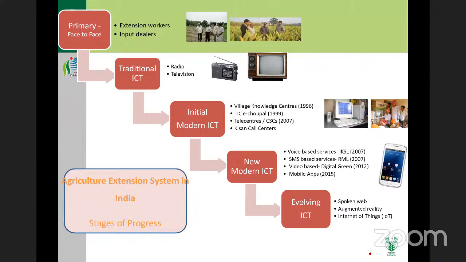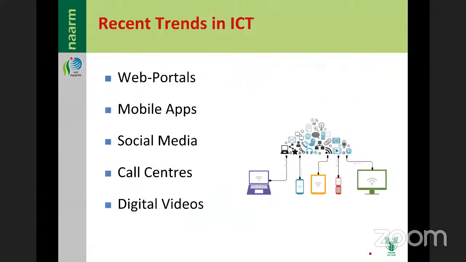So these are the stages of the agri extension system. Now the recent trends in ICT: web portals, mobile apps, social media, call centers, digital videos. There are n number of web portals, for example YouTube, and YouTube agriculture.